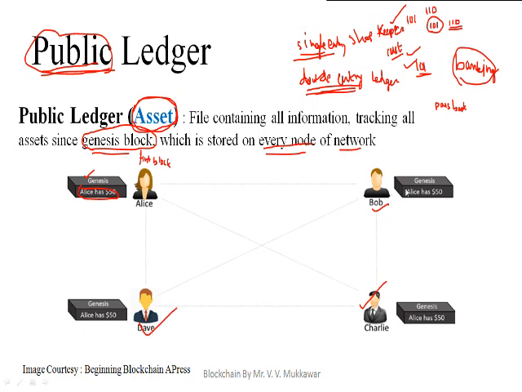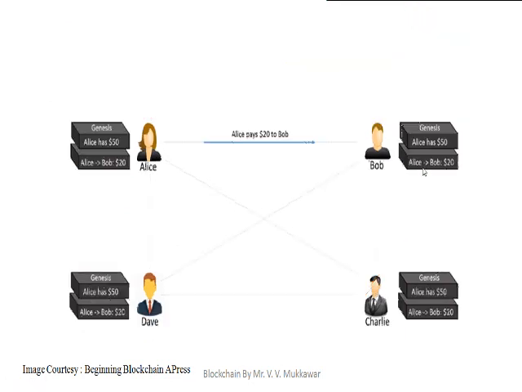Now see, the block which consists of the transaction that Alice has 50 is present inside of the first block. That's why this block is known as the Genesis block.